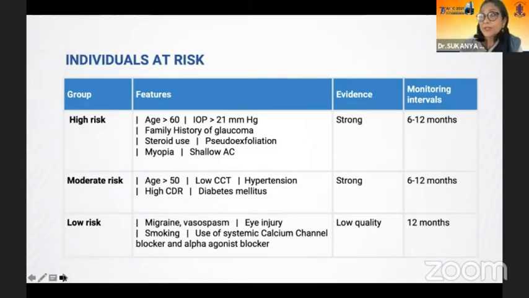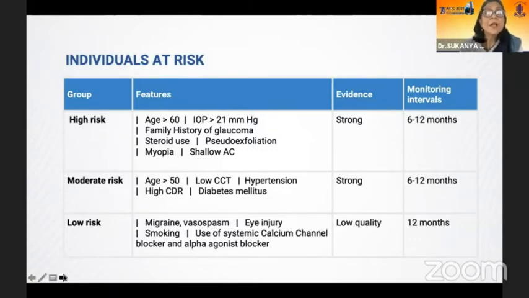Now, population-based studies and clinical trials have identified certain individuals who are at a greater risk of developing glaucoma. Of these, patients who are over 40 years of age and those individuals who have been found to have an intraocular pressure greater than 21 millimeters of mercury are the two groups at greater risk.